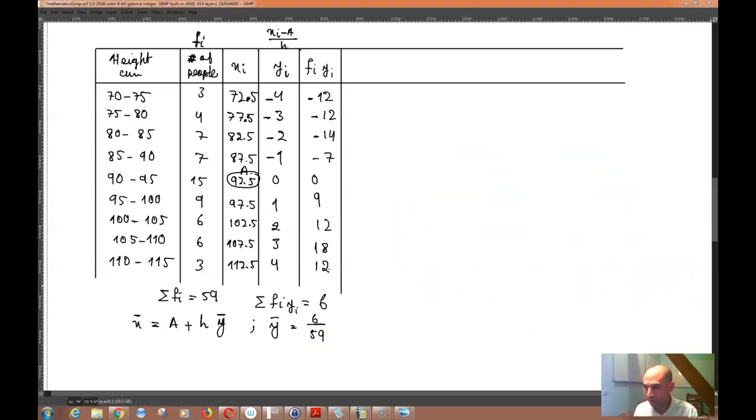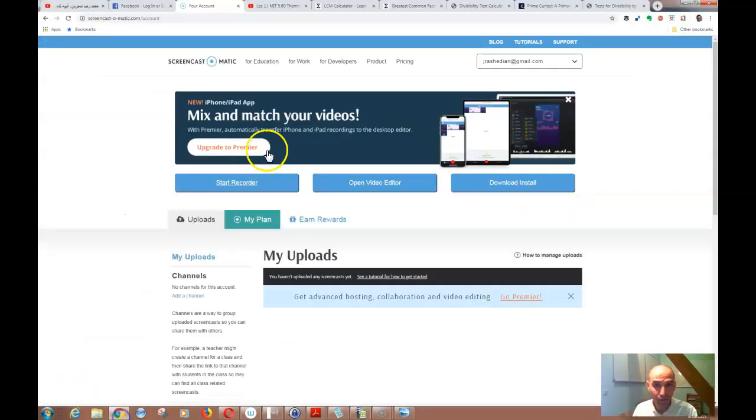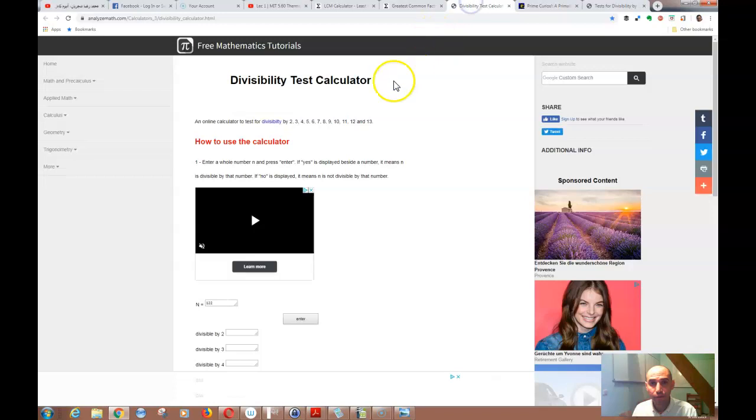Now, since I have my y bar, I can calculate my x bar. So x bar is equal to a plus h times y bar, where a is 92.5, plus h, which is 5, times 6 over 59. Now 59 is a number which is divisible by nothing as far as I know.